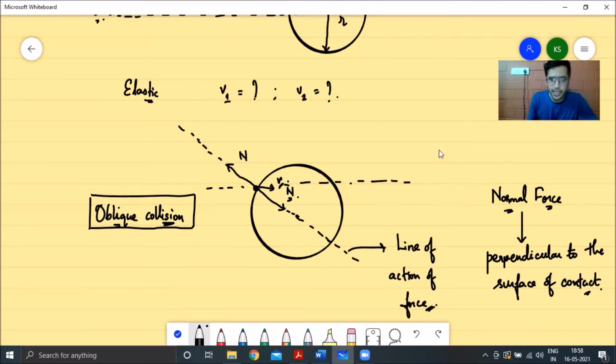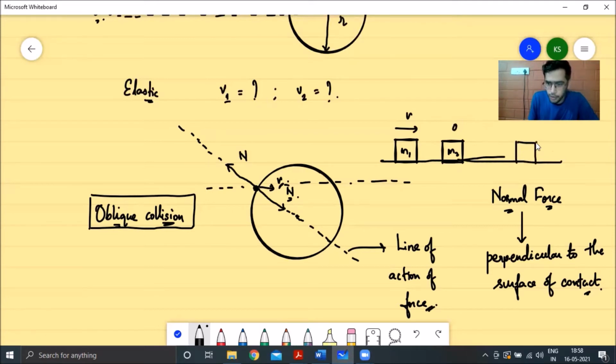How would a head-on collision look? Let's say we have the normal cases we have considered till now. We have two blocks, having masses m1 and m2. Let's say this one is moving and this one is at rest. When they collide with each other, what kind of force will they exert on each other? They'll exert a normal force.